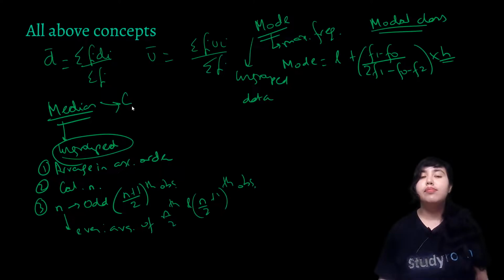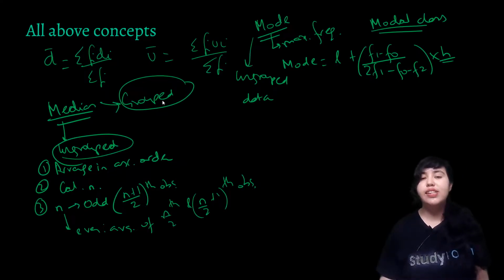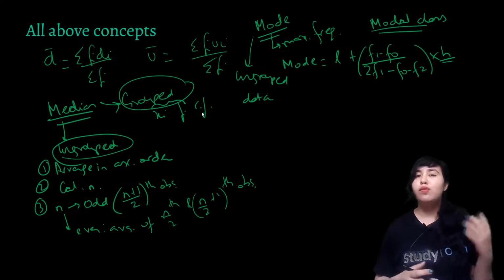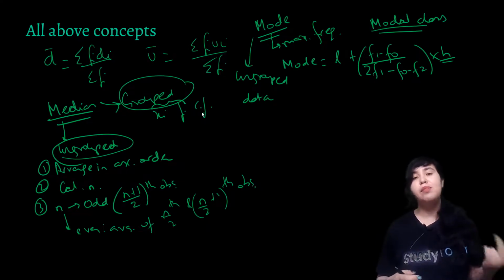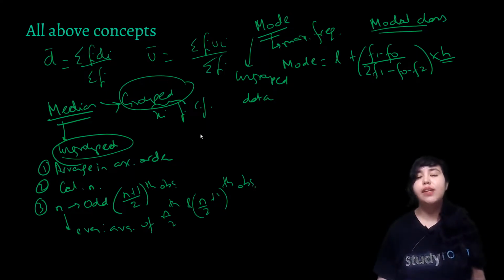Now this was for ungrouped data. How do we calculate median for grouped data where class intervals are given to us? We calculate cumulative frequencies. So we get a cumulative frequency table, xi, fi, cf. So this was a frequency distribution table, and xi, cf columns give you a cumulative frequency table. Now this could be of two types: less than type and more than type. If frequencies were given to us, we just added them up. We got the cumulative frequencies for less than type. We looked at the last cumulative frequency, that was n.